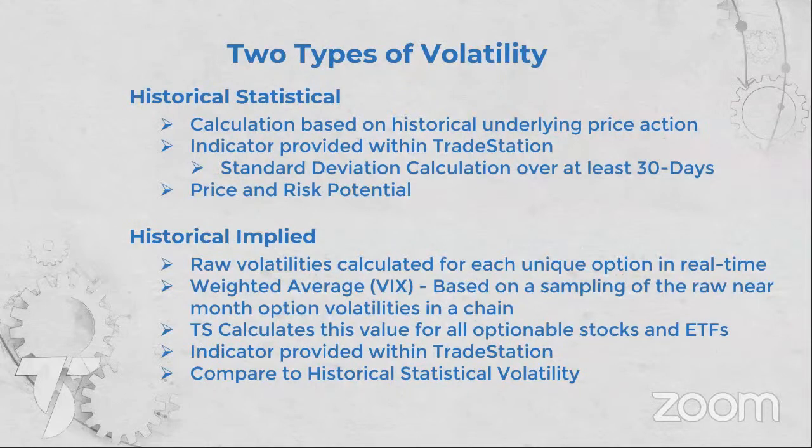In TradeStation, that calculation is an indicator called volatility standard deviation. You can plot that on a chart and look at that same statistical volatility that options traders look at. Keep in mind that it needs to be on daily bars only. It's a daily bar type calculation. And I'll show you that again as well.